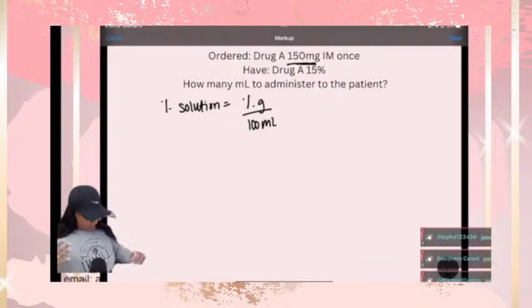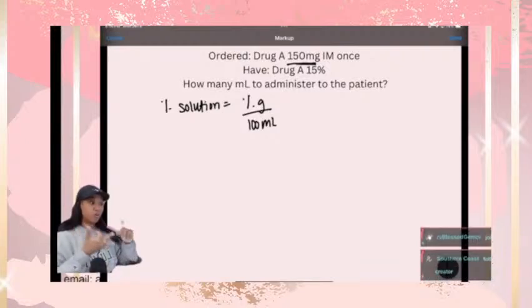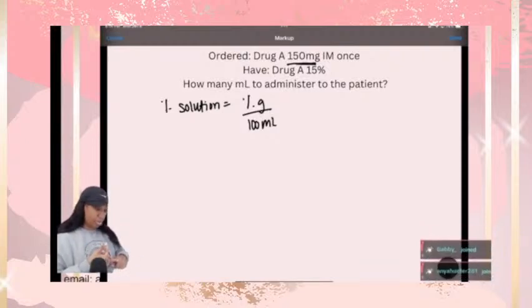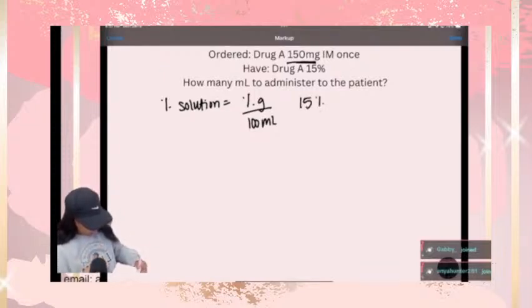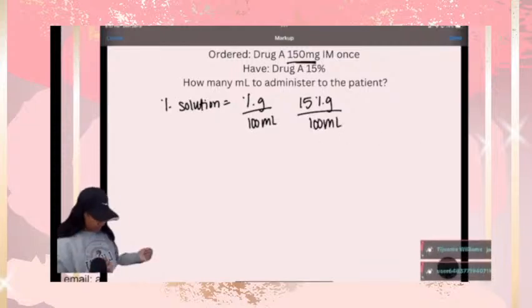And remember, percent solution is always going to be in grams per 100 milliliters. So that's your percent solution. So 15% is 15 grams over 100 mLs, right?